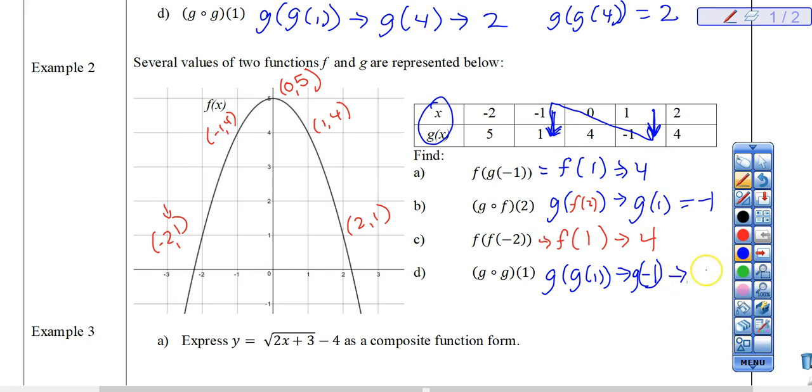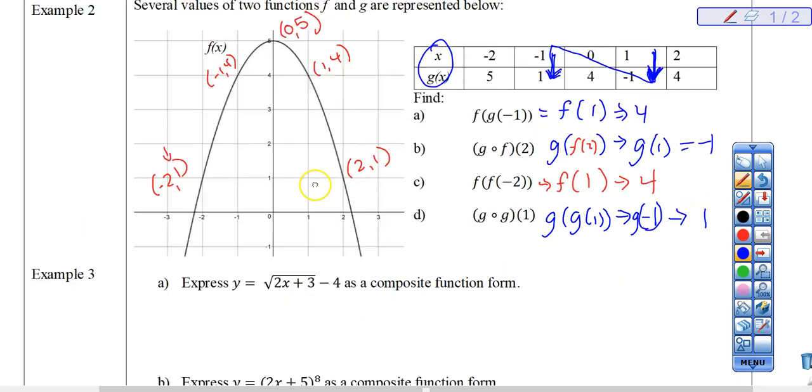The g of negative 1 is 1. So I dropped in a 1, got out a negative 1, dropped the negative 1 in. I like it on the table like that to be able to just follow that input, output. Okay, so there's a little bit of evaluating compositions when you're given values on tables and graphs.